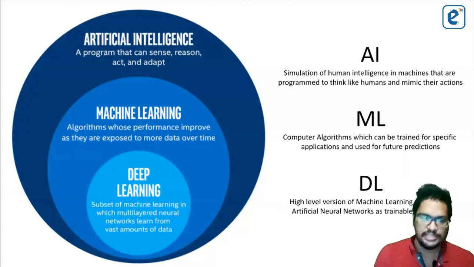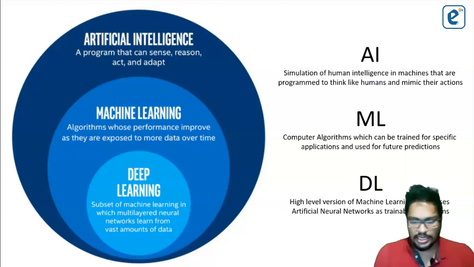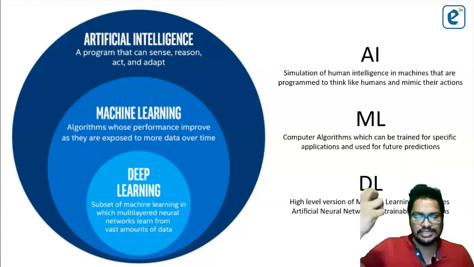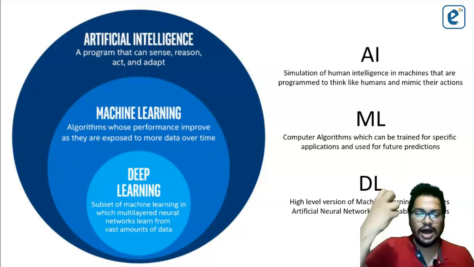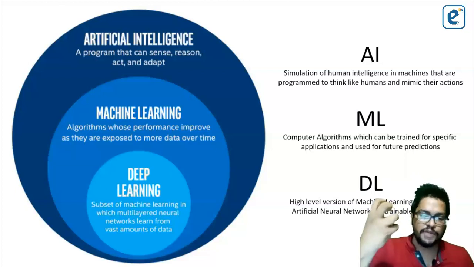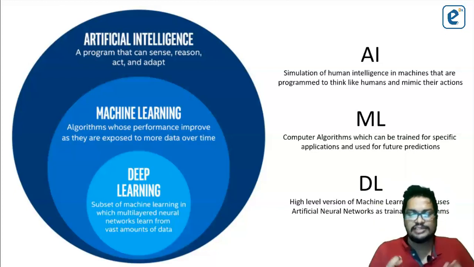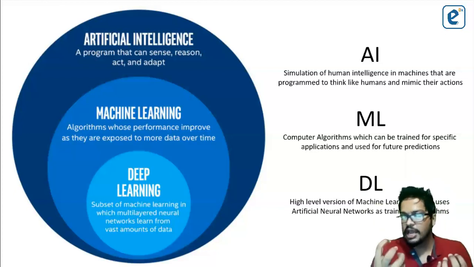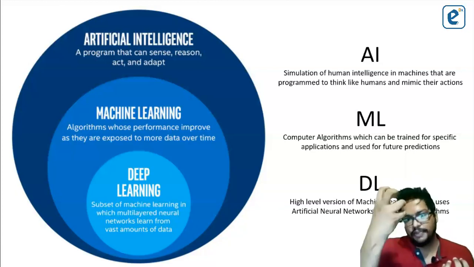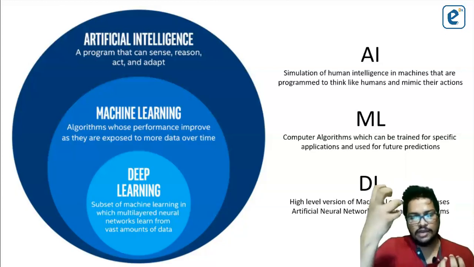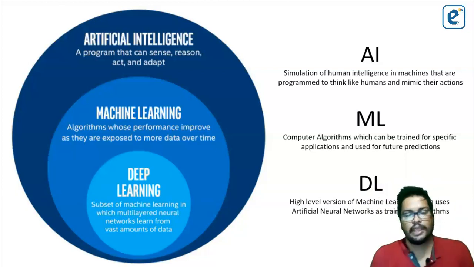Machine learning and deep learning are quite similar, but deep learning is an advanced, high level version of machine learning, right?